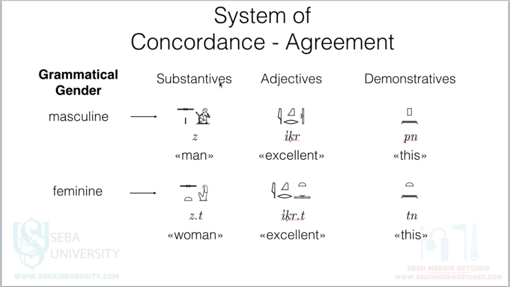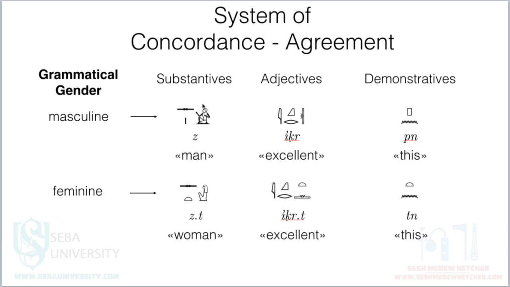So here's the example of a masculine scenario. We have a word, which is the word z or si, and it means man. That's the meaning of the word. This is how it looks in the glyphs, si. Now, if I want to describe this man by using an adjective, by the way, this substantive is masculine and singular.